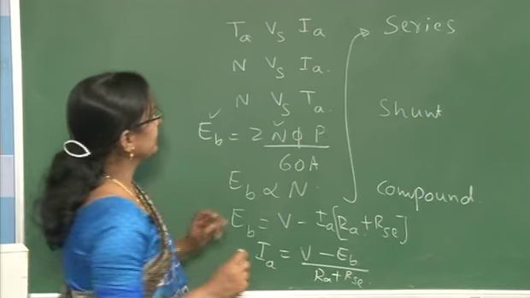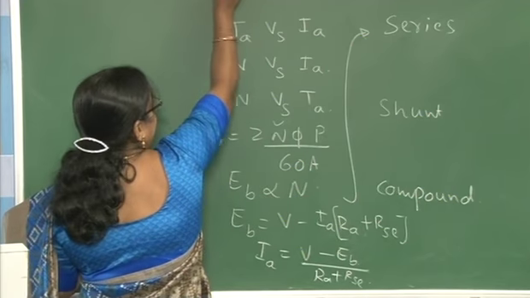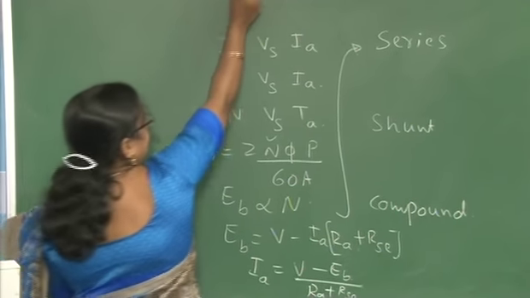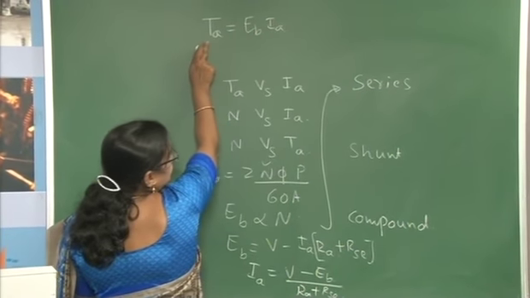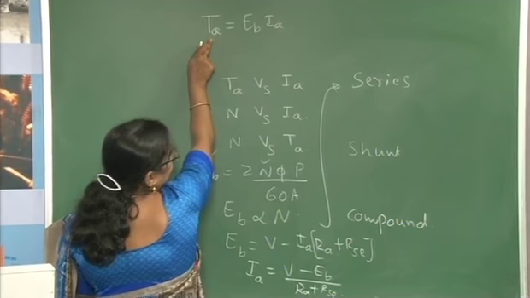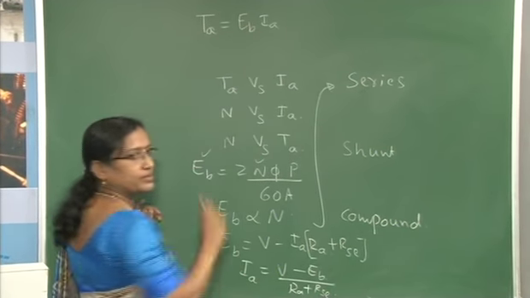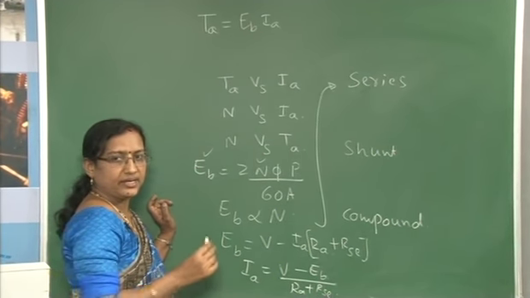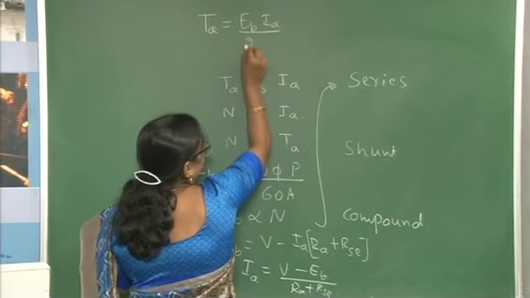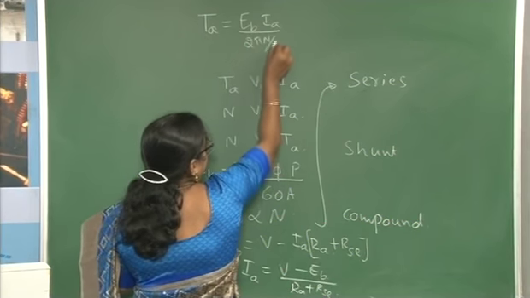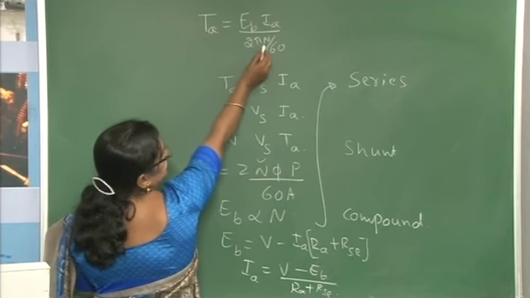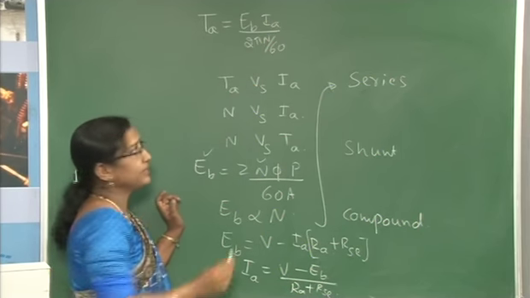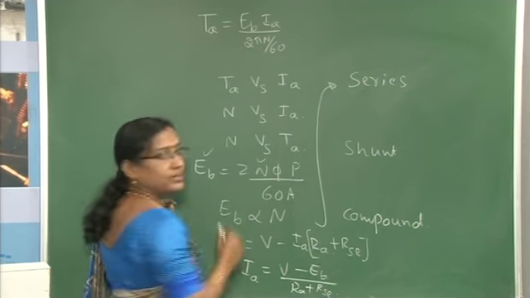And one more equation, with respect to torque: the developed power is EB into IA. In this case also, the armature torque is directly proportional to armature current IA. This is divided by 2 pi N divided by 60. As you observe, TA is inversely proportional to speed and directly proportional to IA.